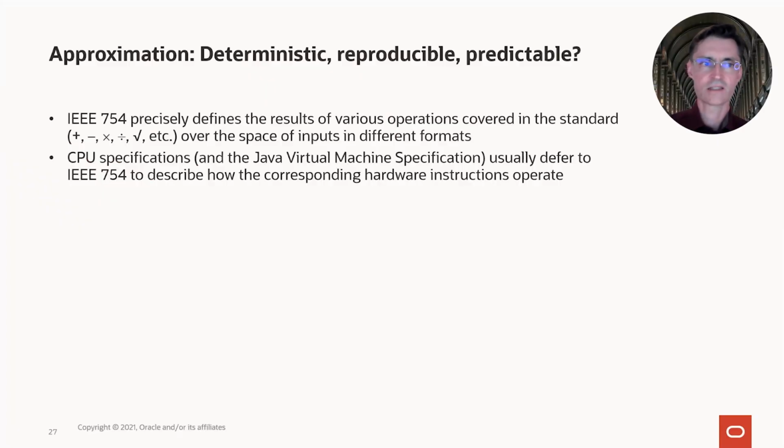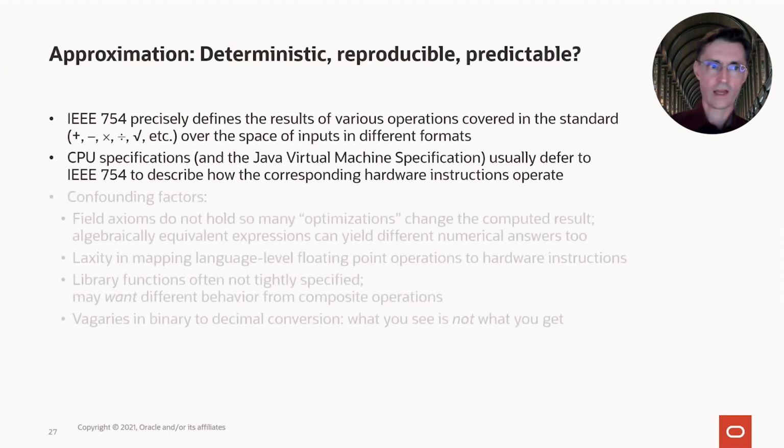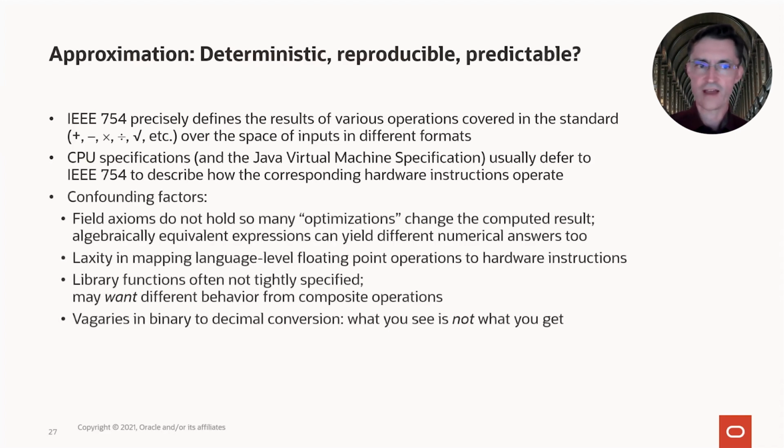So first question to ask, is the approximation deterministic, reproducible, predictable? It can be. IEEE 754 does precisely define the results of operations on specific values. CPUs and the Java virtual machine usually defer to the IEEE standard for the corresponding instructions. However, there are various confounding factors.